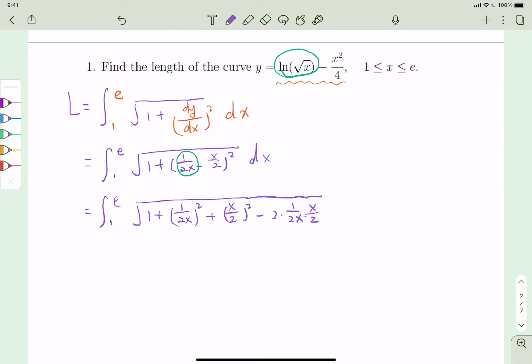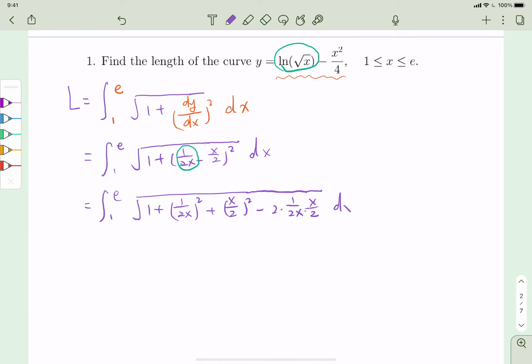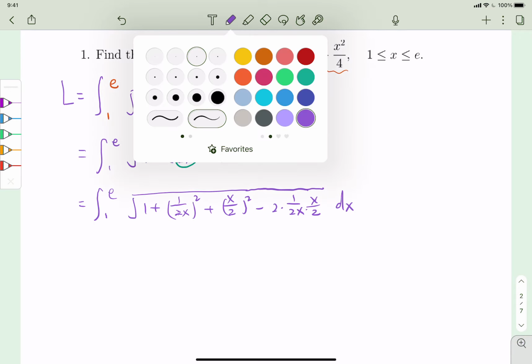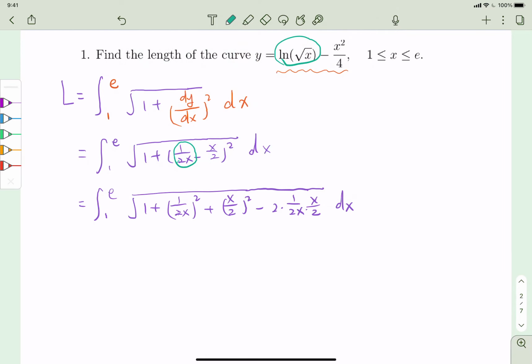Okay. And this is a very common pattern that we will see in integrations like this.